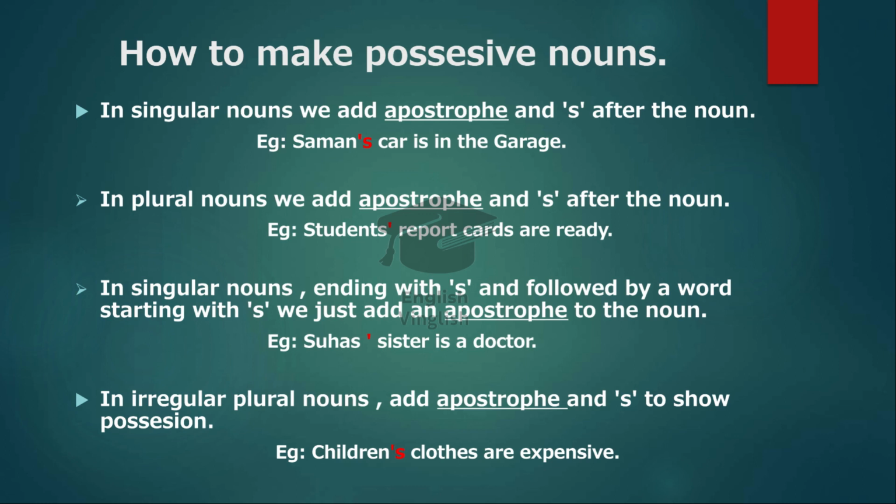First one, in singular nouns we add apostrophe and S after the noun. In the example, someone's car is in the garage. So we have to say the car belongs to someone. So there we use the possessive form of the noun someone with the addition of apostrophe and S after the noun.